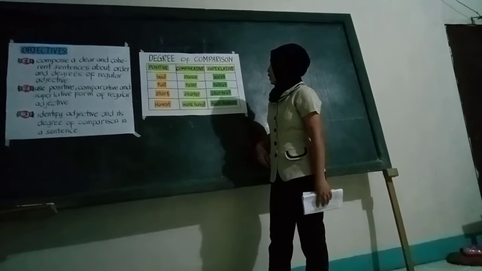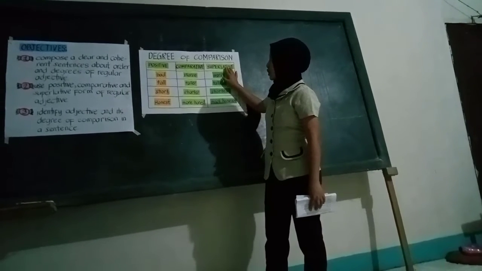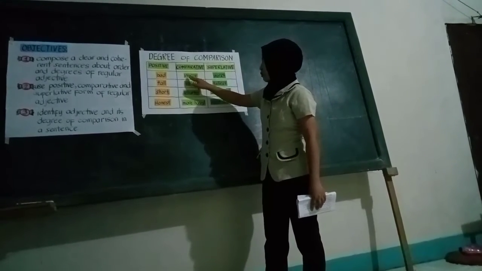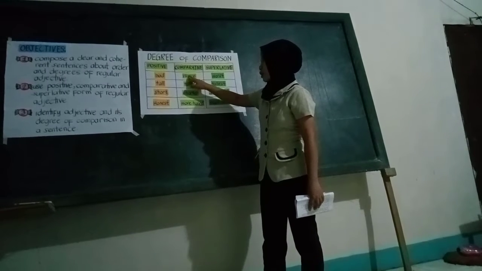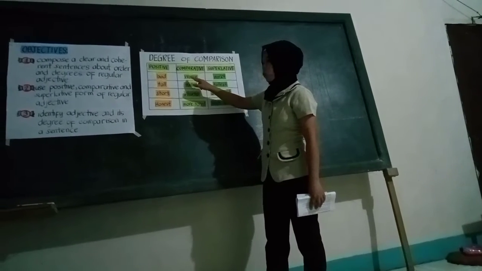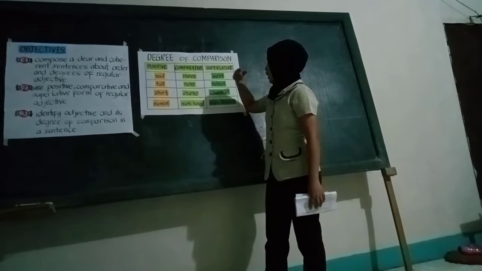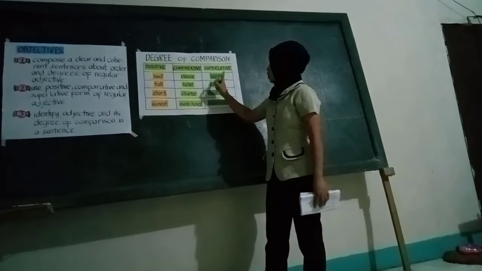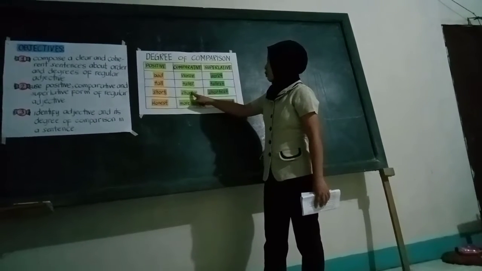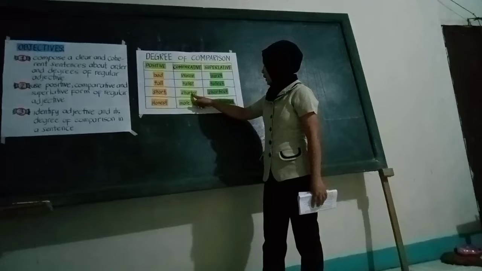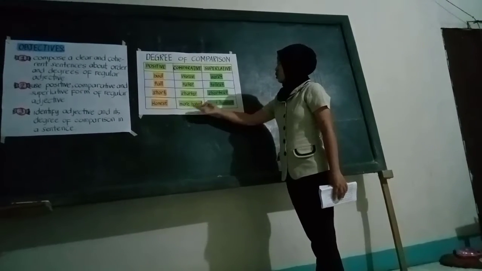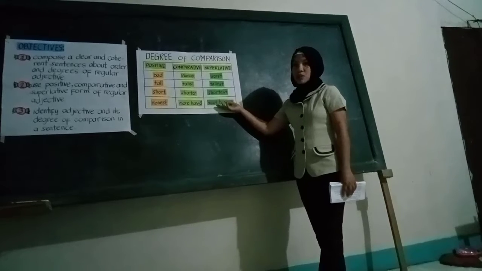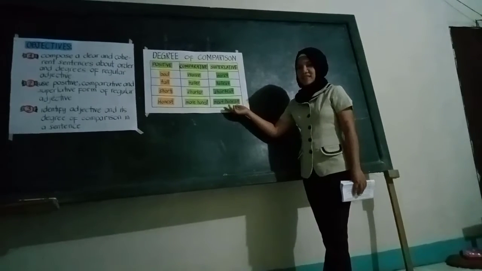And we have here the superlative degree, wherein the word worse becomes worst, the comparative taller becomes tallest, the comparative shorter becomes shortest, and more honest becomes most honest in the superlative degree.